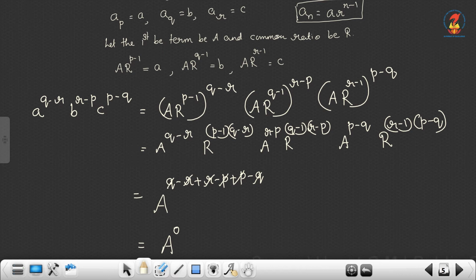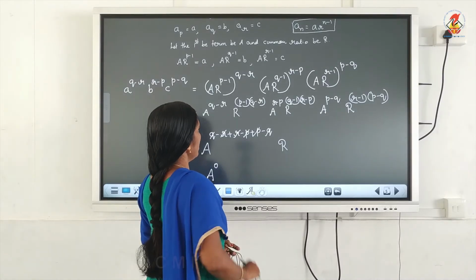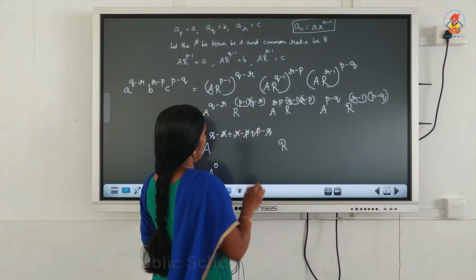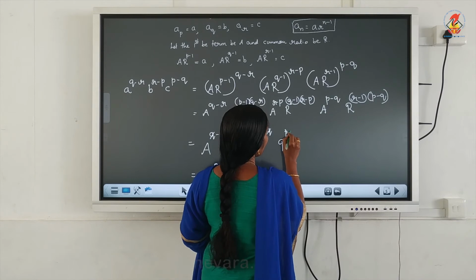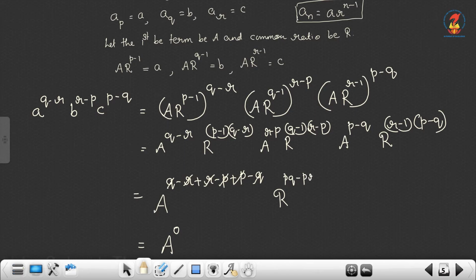Now the same way you can write R. The base is the same, so add the powers. You have to multiply and then add. P into q, pq, minus pr minus q plus r. Then the second, q into r, that is qr minus pq minus r plus p. Then the last two brackets, r into p, pr minus qr minus p plus q.